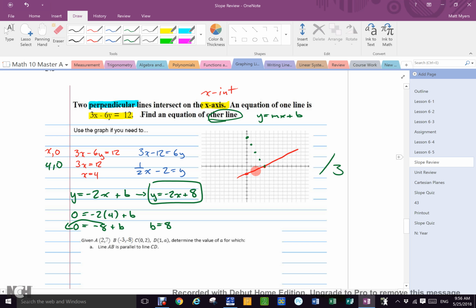Do I care which way you solve these problems? But you have to be able to do one of them. Will I provide you with graph paper on your test if you like to graph? Yes. Will I provide you with space to work if you like to do algebra? Yes. Will I provide you with all of these forms? Yes, because they're in your data booklet already.